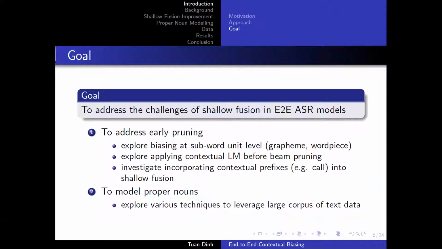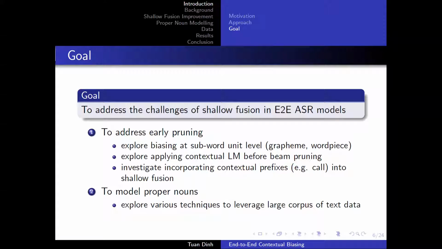Firstly, to address the early pruning, the authors explore biasing at the subword unit level. The authors also explore applying the contextual language model before pruning. And they also investigate incorporating contextual prefixes such as call or text.